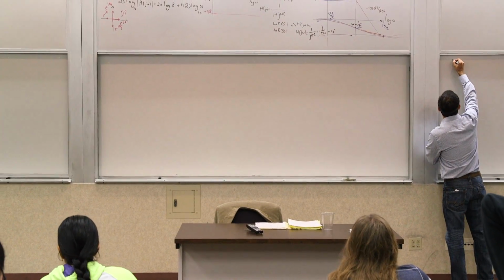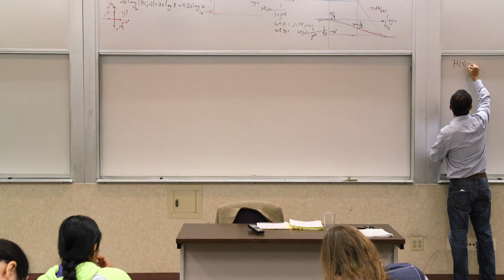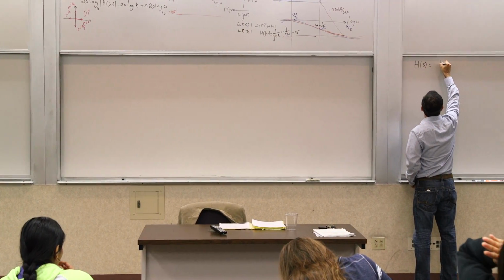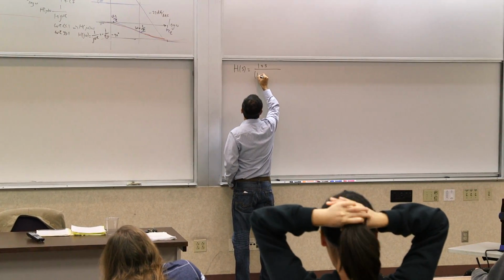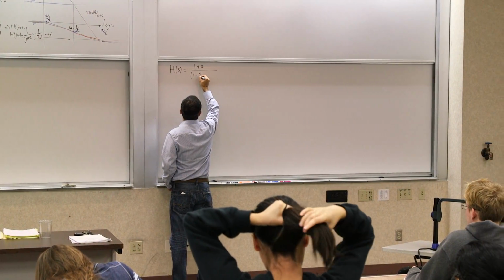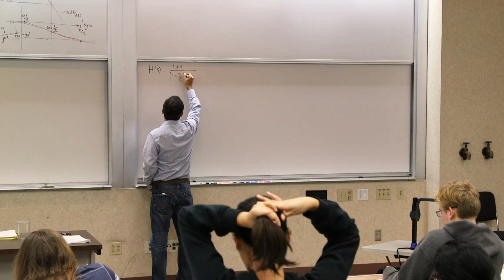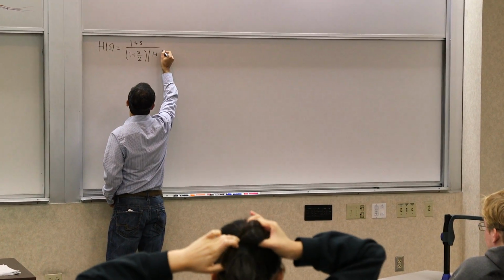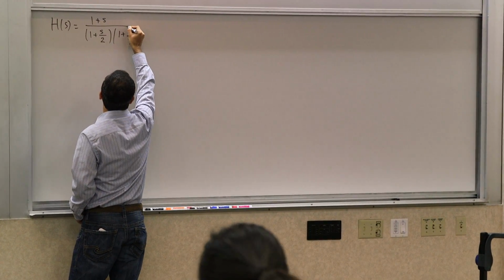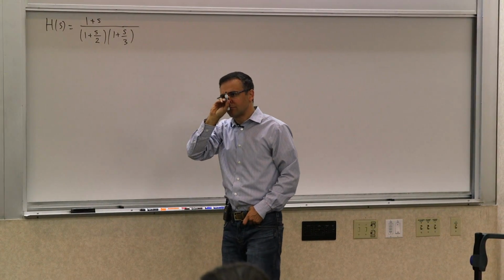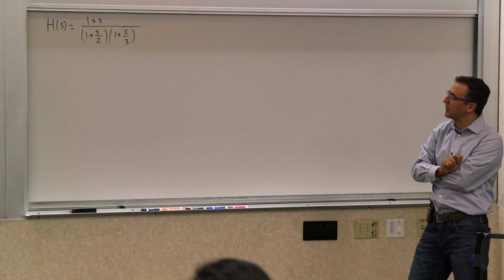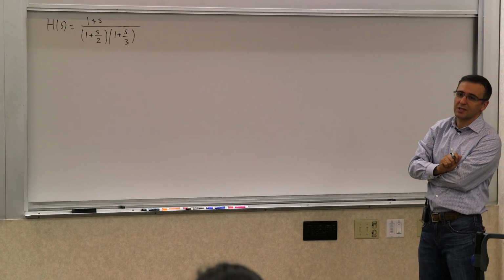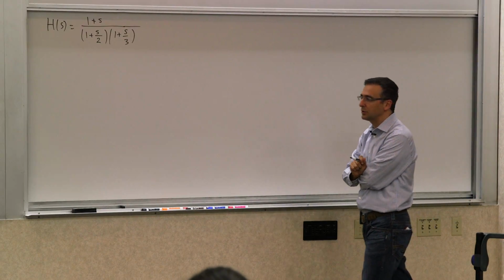So let's say, first example, H of s is 1 plus s over 2 times 1 plus s over 3. So we want to do the Bode plot of this transfer function. Let's do it together.